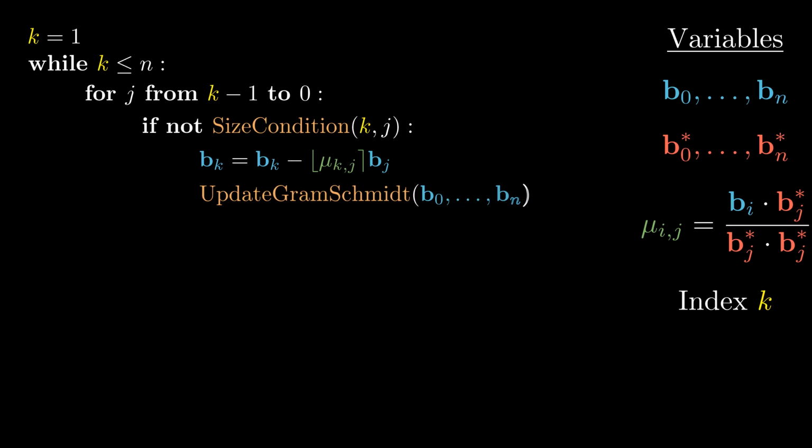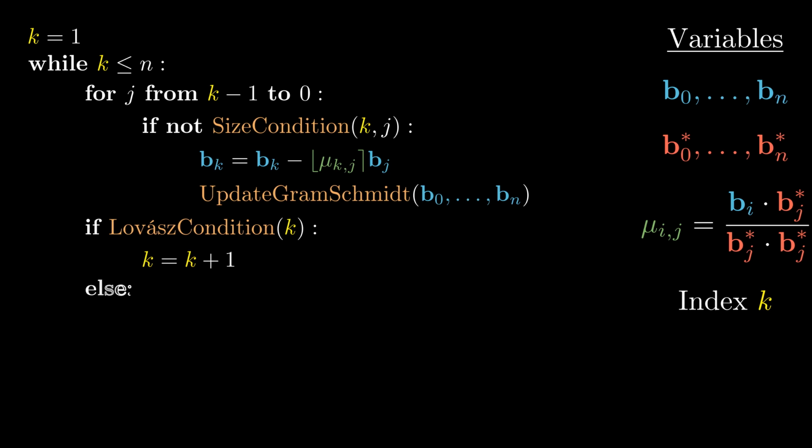Then we update our Gram-Schmidt parameters. We have changed our basis b0 through bn, so we must likewise update the Gram-Schmidt basis b0 star through bn star and each of the mu ij's. We will perform this process anytime we augment our basis because we want the most up-to-date information on our Gram-Schmidt parameters.